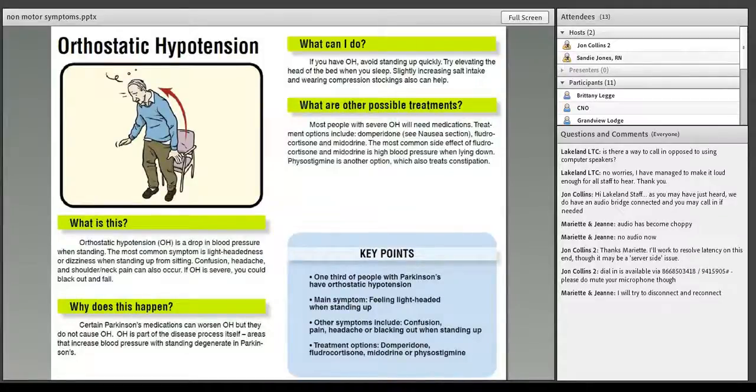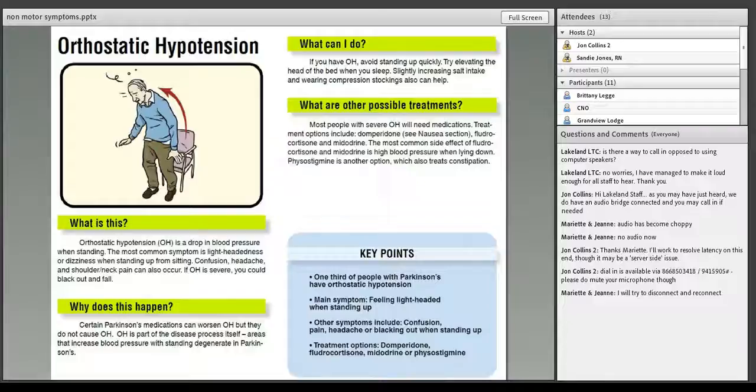The obvious things like elevating the head of the bed, using compression stockings, and certainly when you're dealing with people, whether they're independent or you're assisting them with their activities of daily living, advise them to stand up very slowly and carefully.